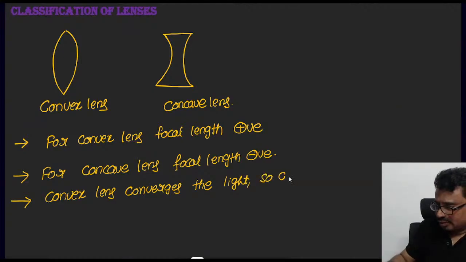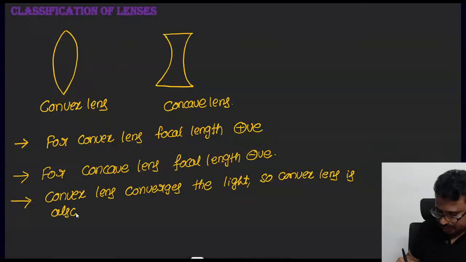So a convex lens is also called a converging lens.